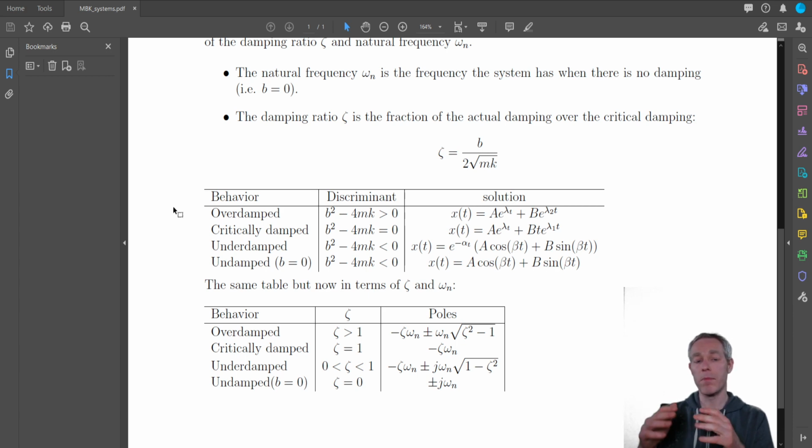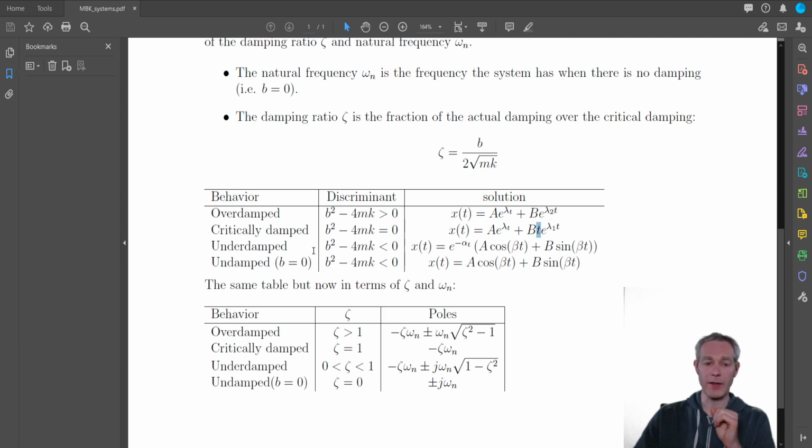So if it is positive, we know that we have 2 real roots, and we'll have an overdamped system where the solution will be the combination of 2 exponential functions. If the discriminant is equal to 0, we'll have a single root, and the system will be critically damped, and we get a combination of exponentials, but there's an extra t added here.